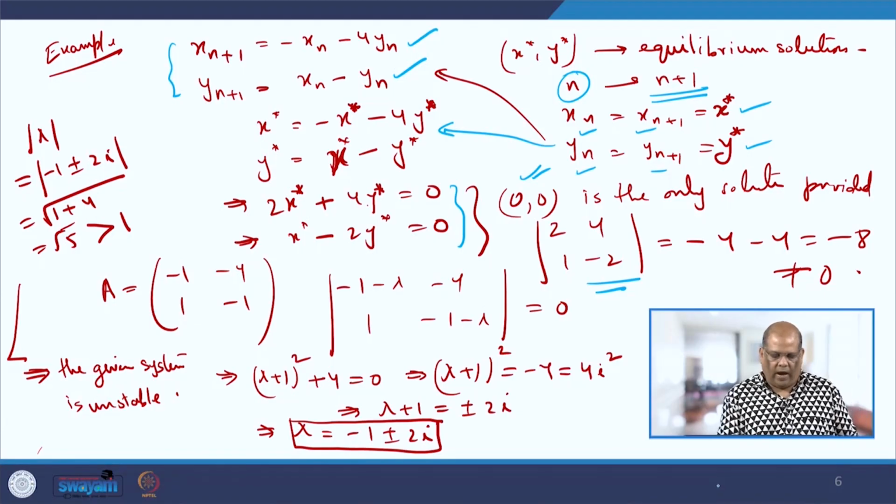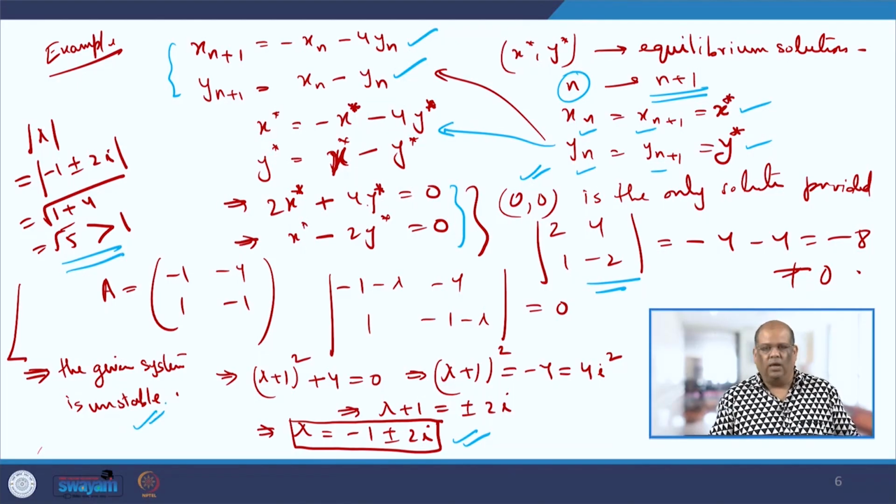And then you find the matrix A and find the eigenvalues, and you see that the eigenvalues are both complex, minus 1 plus minus 2i. You find the modulus, and the modulus is greater than 1, which implies that the given system is unstable.